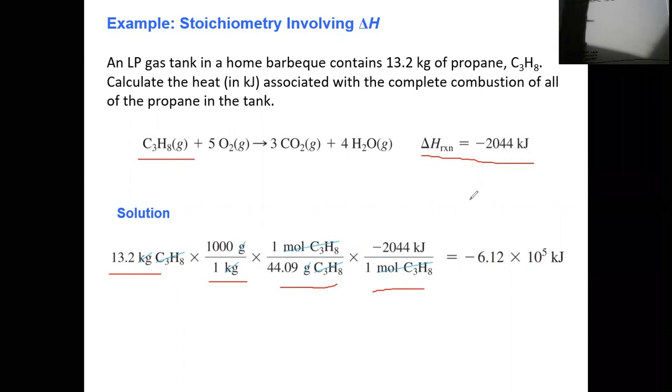So this is my balanced chemical equation step. And then what I'm left with over here is the amount of energy that I would have released by burning the 13.2 kilograms of propane, which is significantly more than what burning 1 mole of propane would give off. Okay, but it's the same step-by-step process that we've been doing stoichiometry-wise and dimensional analysis-wise. You guys are totally capable of doing that.